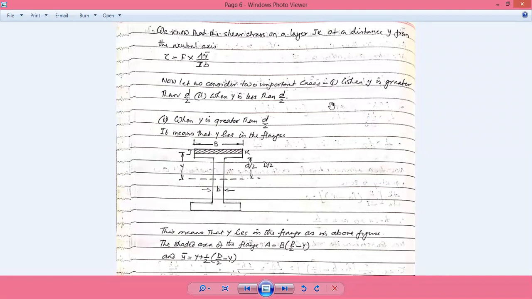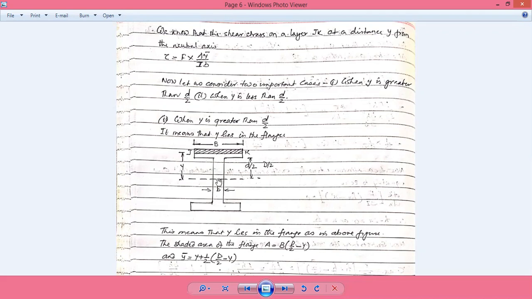Now, first of all, we have to find out where y is greater than d by 2 and where y is less than d by 2. What is y? We know y is the distance of our said strip from the neutral axis, and d is the depth of the flange itself. So it may so happen y can be here or y can be here.